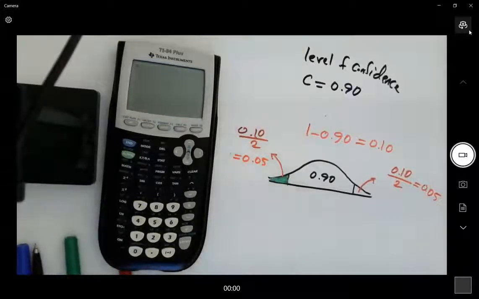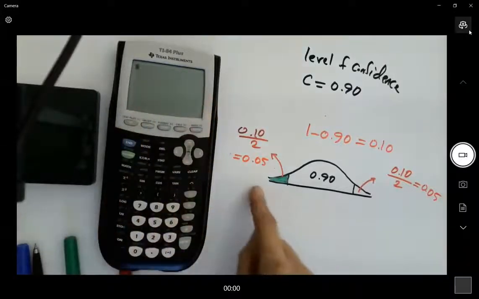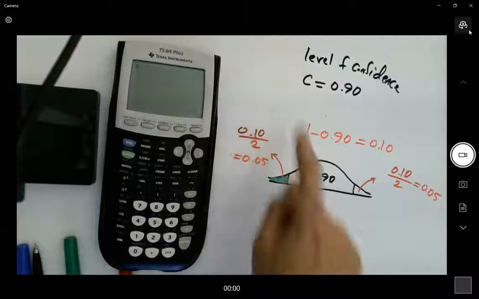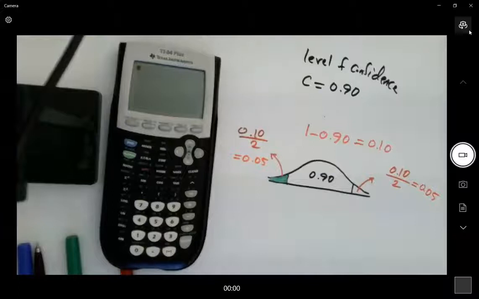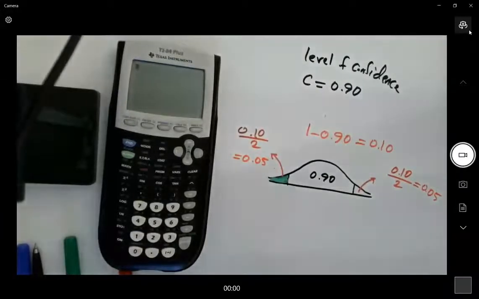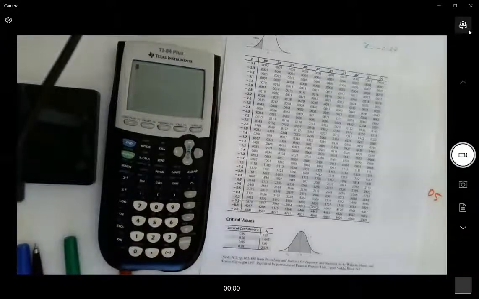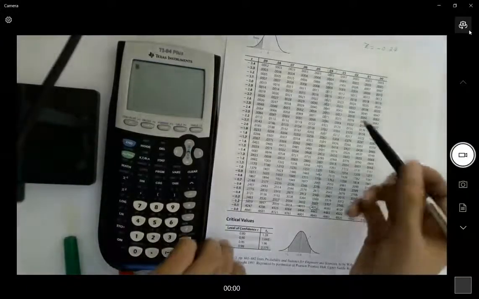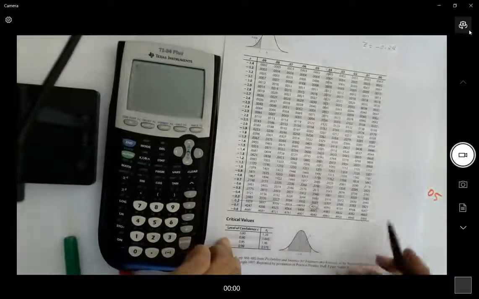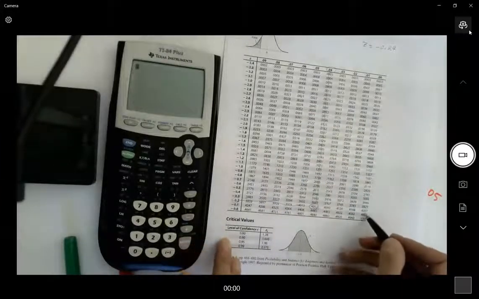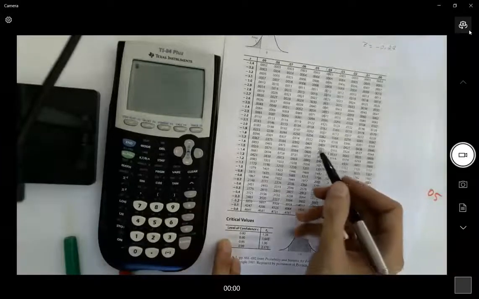Remember that to use your Z table or your calculator, you can just use the area that you have and find that area in the table, or use your calculator. So, 5%. I'm looking for 5%, not 50%.